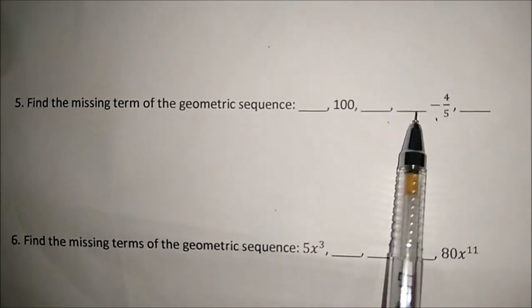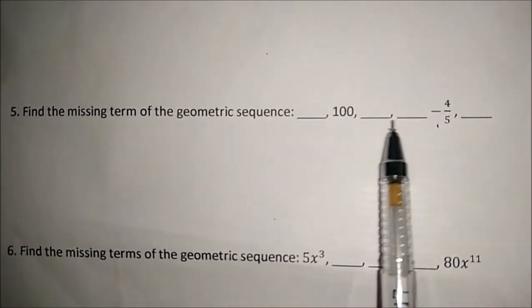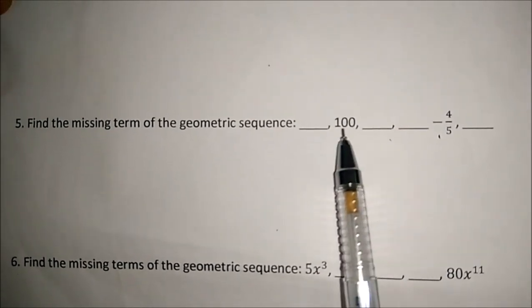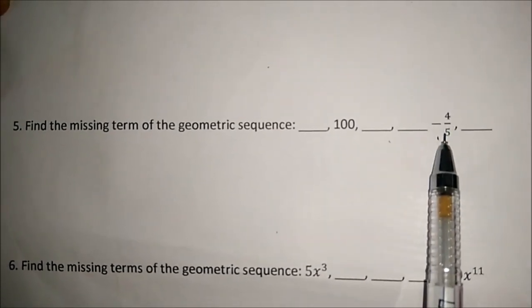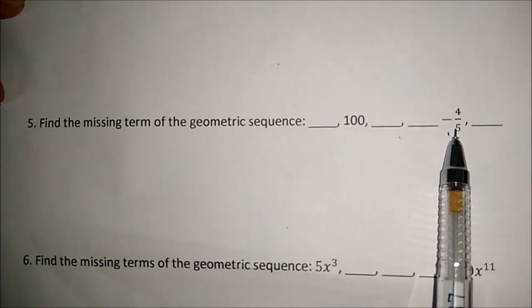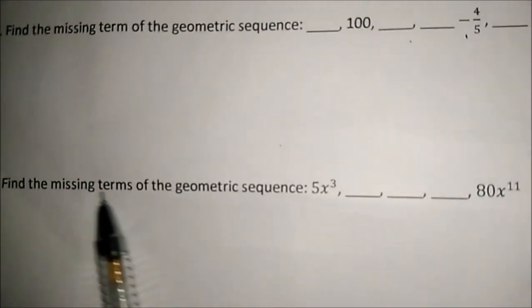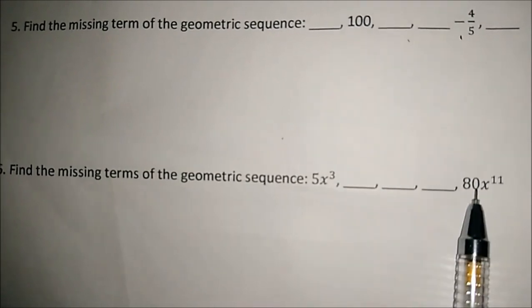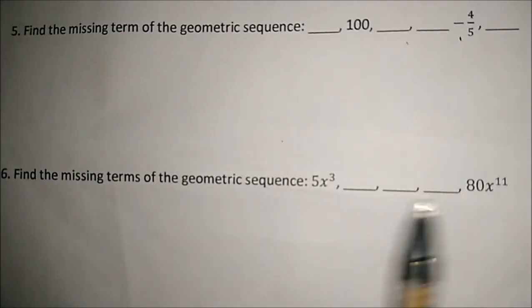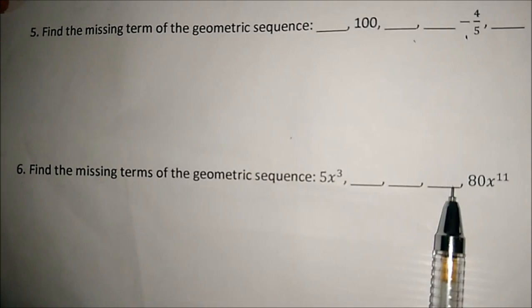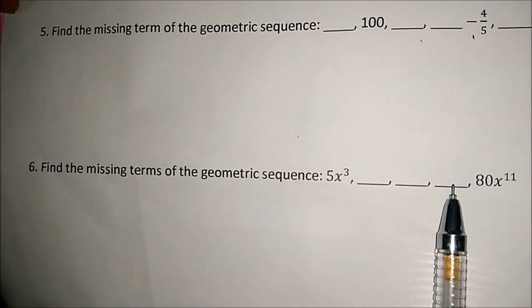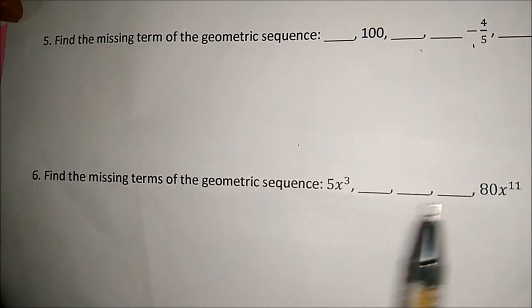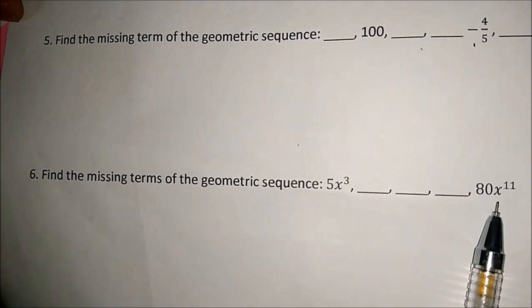So we know that these two terms here are two geometric means of 100 and negative 4/5. And in the last term, find the missing terms of the geometric sequence 5x cubed and 80x raised to 11. So we know that these three missing terms here are three geometric means of 5x cubed and 80x raised to 11.